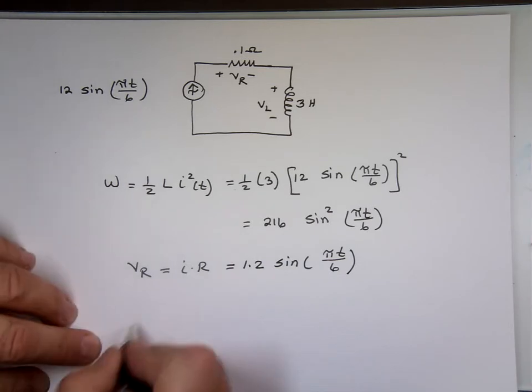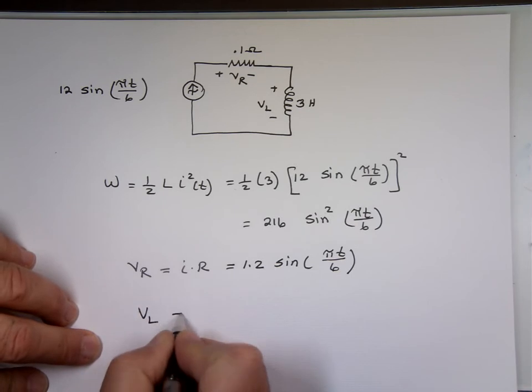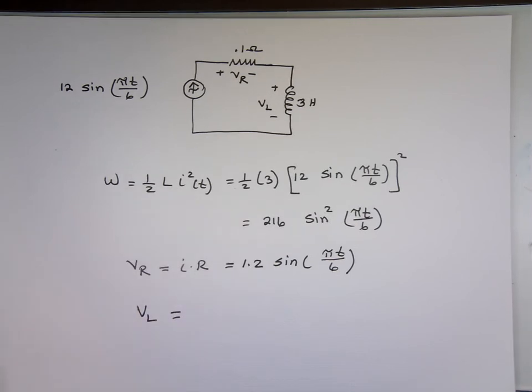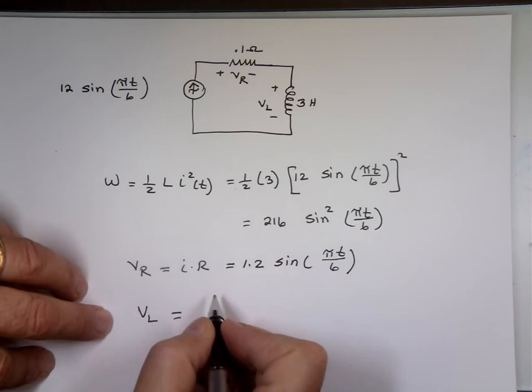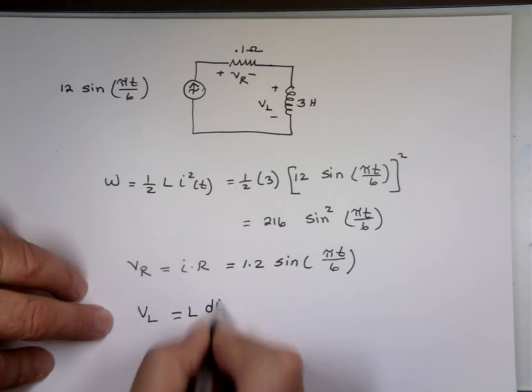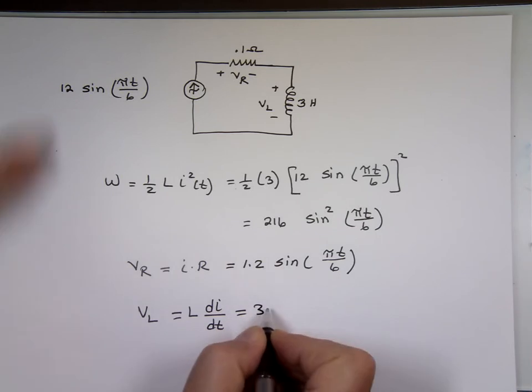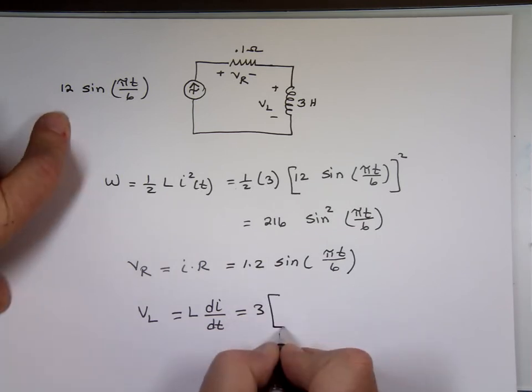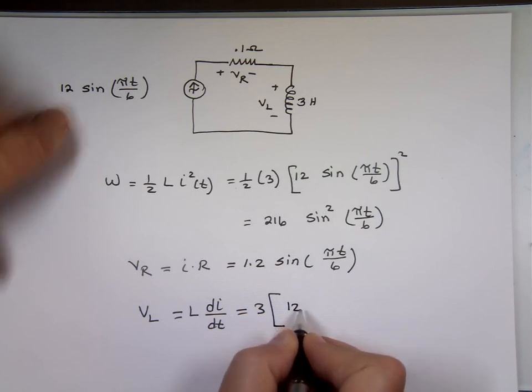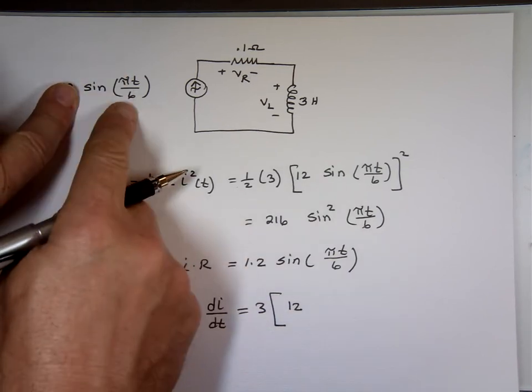What is the voltage across the inductor? VL. V equals L di dt. L is 3. Let's take the derivative of I. Here's a 12. The derivative of sine pi over 6 t is what?